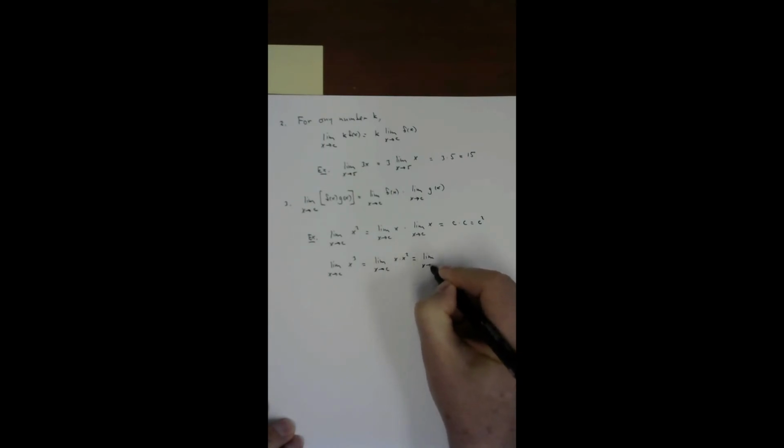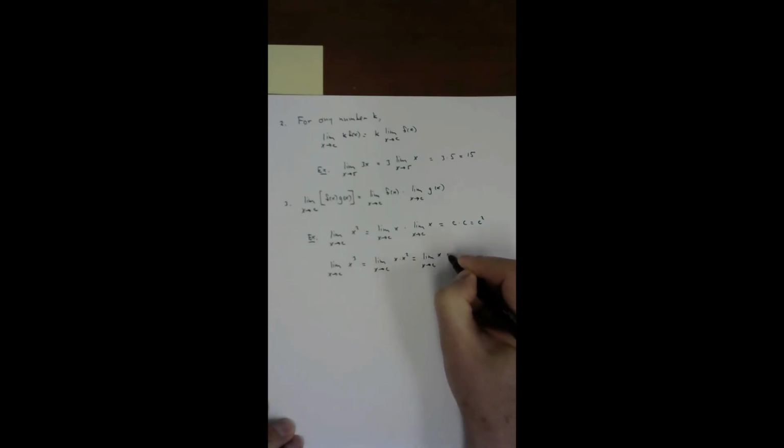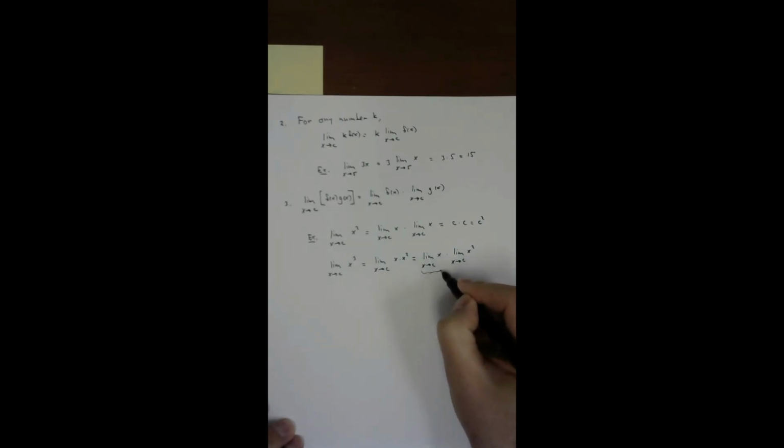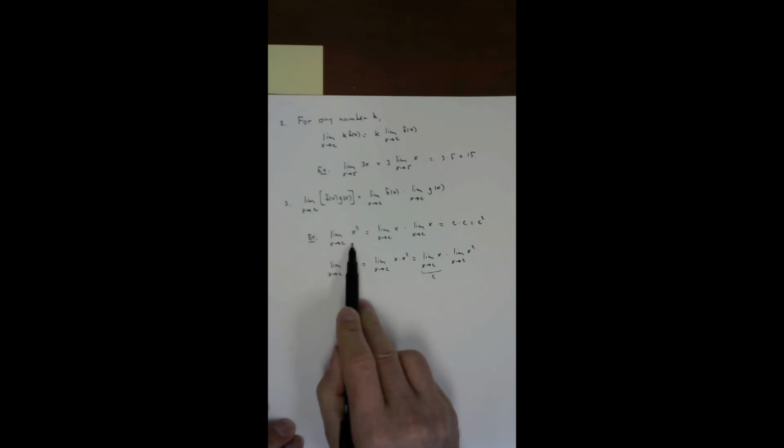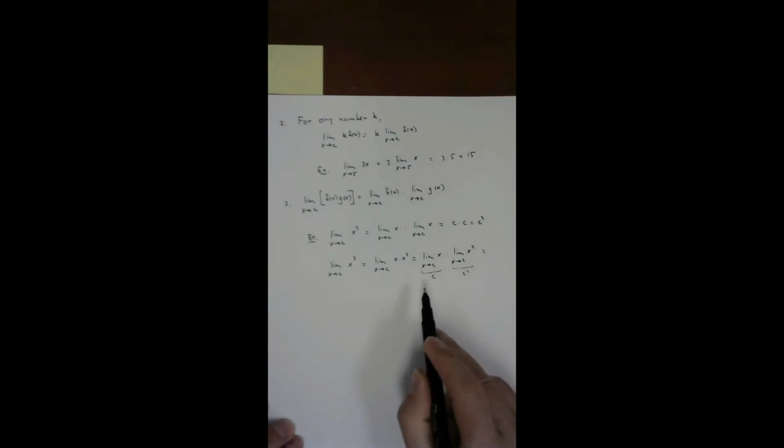So the limit as x goes to c of x times the limit as x goes to c of x squared. We know that this limit is c. We showed that the limit as x goes to c of x squared is c squared, excuse me. So this limit will be c times c squared, or c cubed.